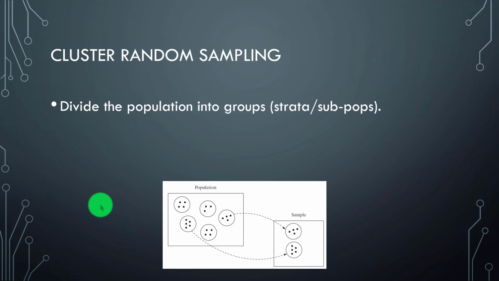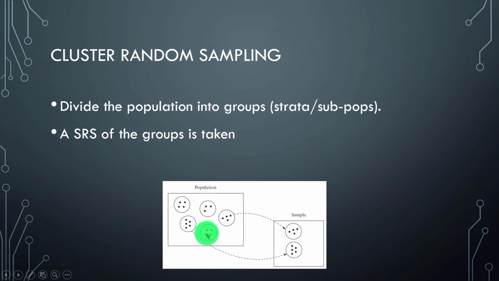And this starts out in a very similar way to stratified, in that, again, you're going to divide up the population into groups, just like this little image shows. But this time, instead of selecting a little from each group, what is actually chosen is a simple random sample of the groups.